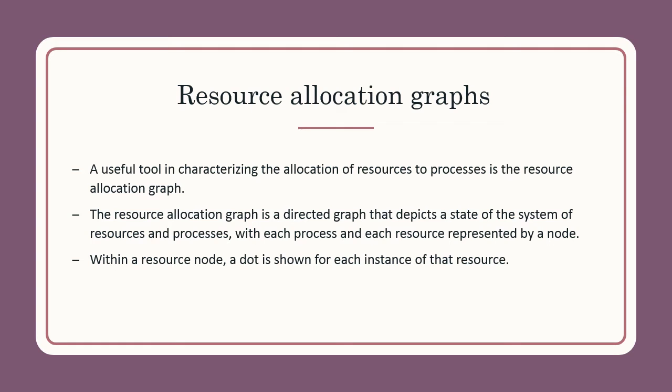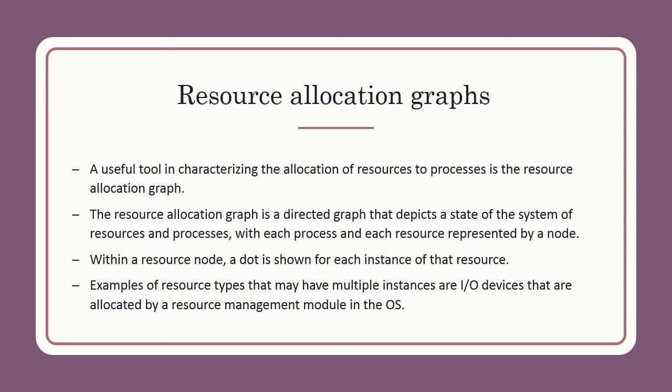Within a resource node, a dot is shown for each instance of that resource. Examples of resource types that may have multiple instances are I/O devices that are allocated by a resource management module in the operating system.